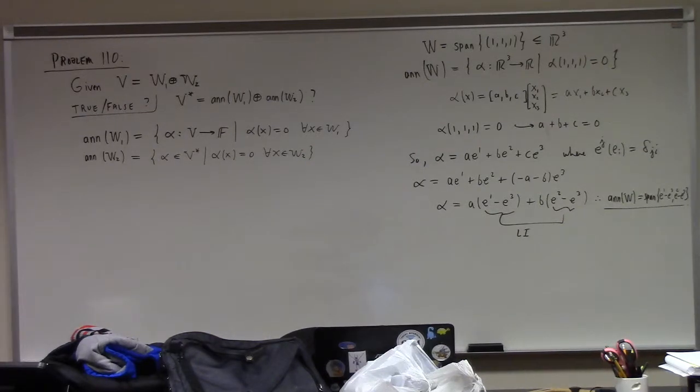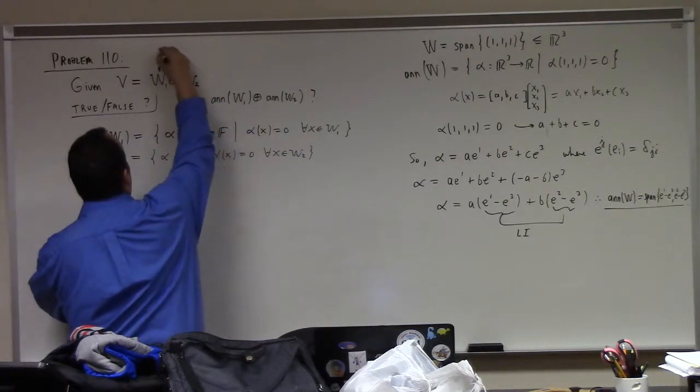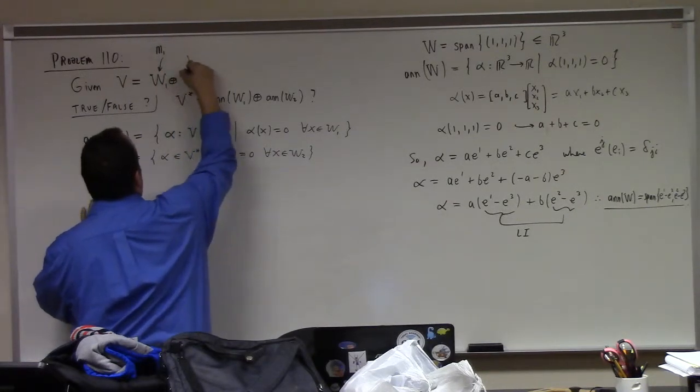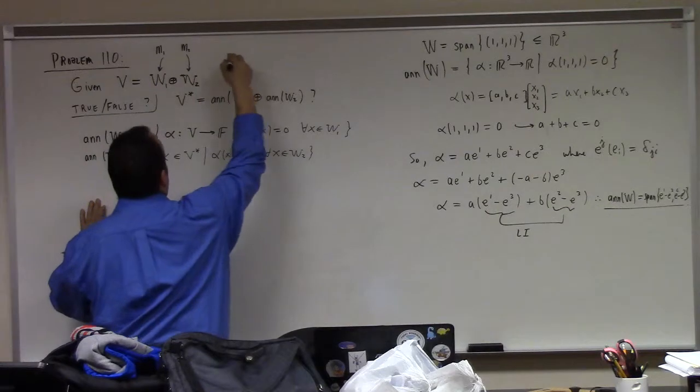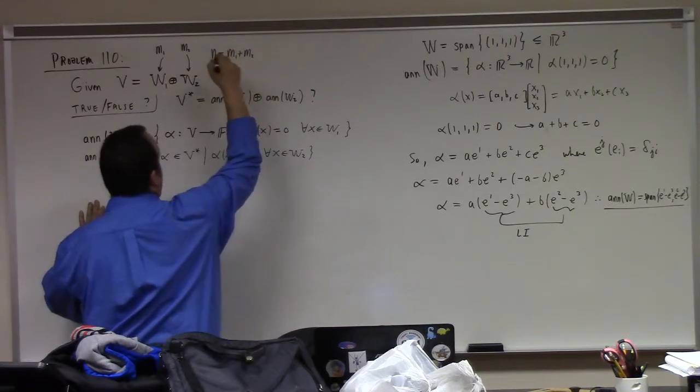So what I'm trying to get at here is that if W is one-dimensional in a three-dimensional backdrop, then the annihilator of W is 3 minus 1, which is two-dimensional. So when I look at W1 direct sum W2 being all of V, let's suppose that W1 is m1 dimensional, and W2 is m2 dimensional, and that n is equal to m1 plus m2, right?